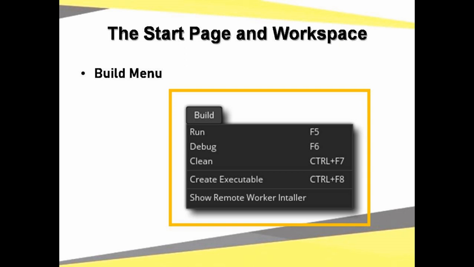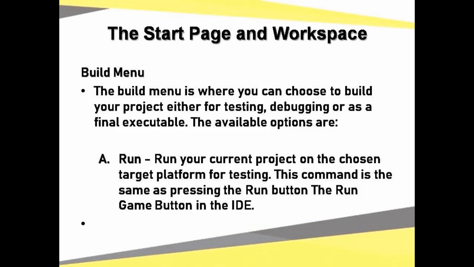Or you can just click the icons that are available in the IDE itself. They are the same functionalities, just different ways to access them in GameMaker Studio. So the build menu is where you can choose to build your project either for testing, debugging, or as a final executable.